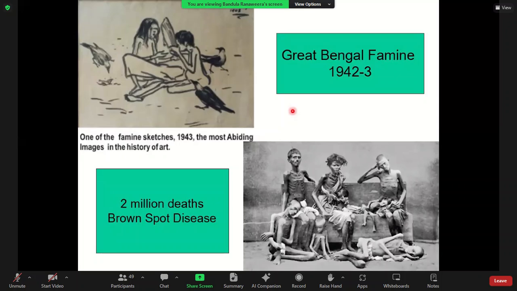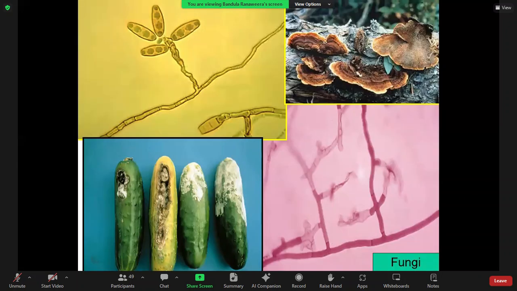So, briefly, let us go through some of the causes, reasons for plant diseases. Now, a higher percentage of plant diseases are caused by a category of microorganisms named fungi.